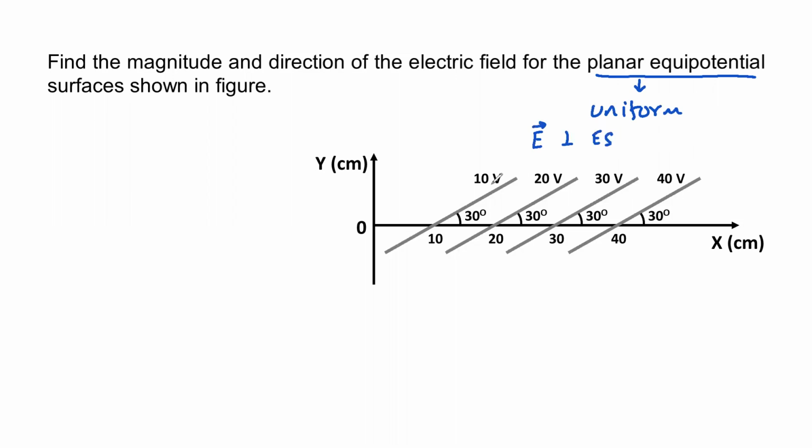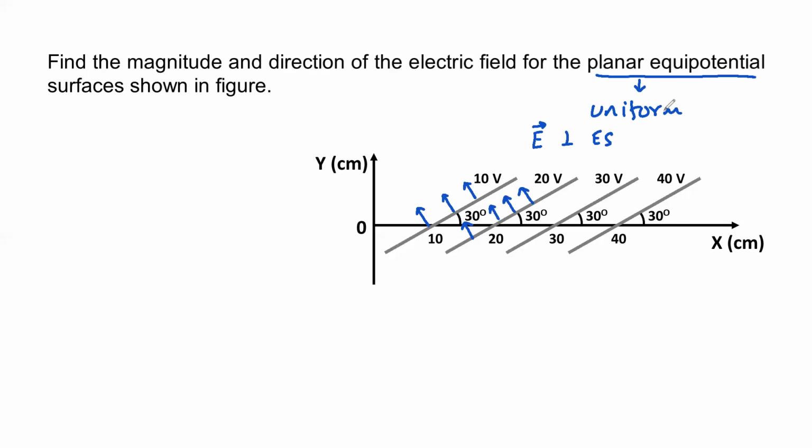So let's say on this particular surface, the electric field vector would be like this, perpendicular to it, right? Similarly here, and since it is uniform and they are parallel, you can say this is a uniform field, so the electric field on all the equipotential surfaces would be same.